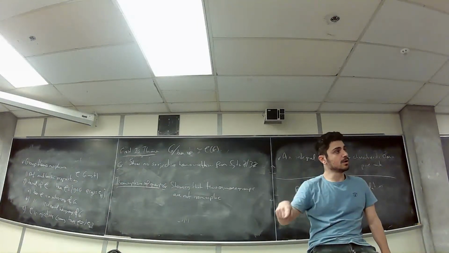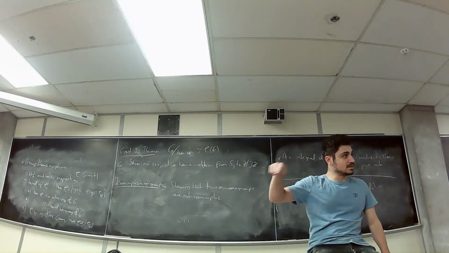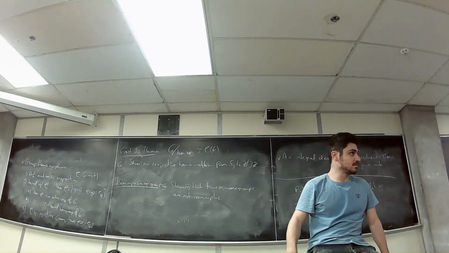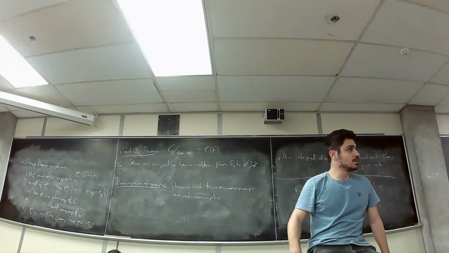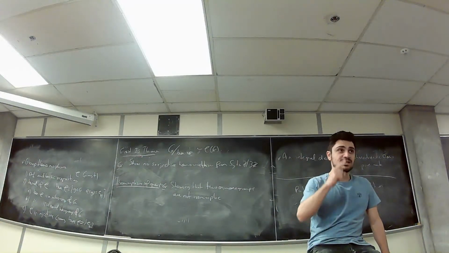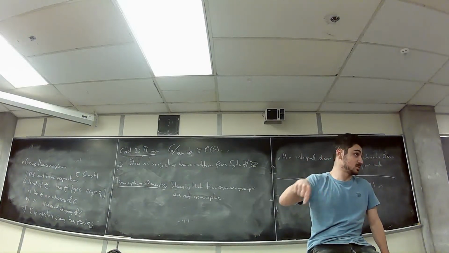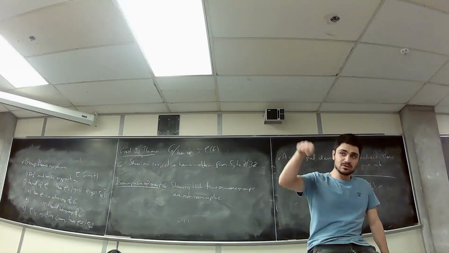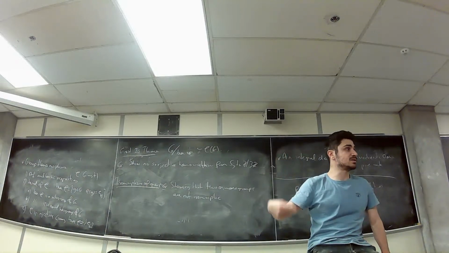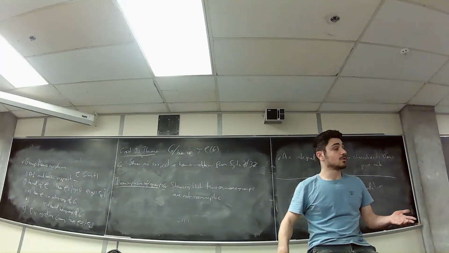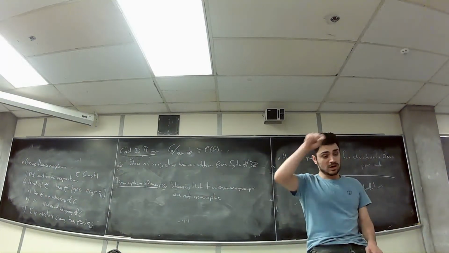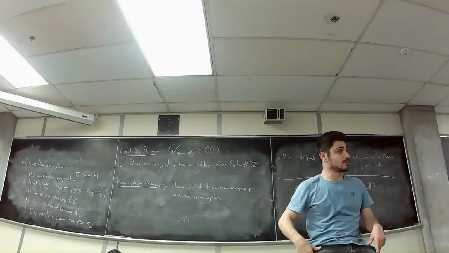The kernel of phi bar is the identity of G mod kernel of phi. Agreed? What's the identity of G mod N if N is normal? That's the coset N, right? So what's the identity coset of G mod kernel of phi? The kernel of phi, right? So I showed that the kernel is exactly the coset of kernel phi.